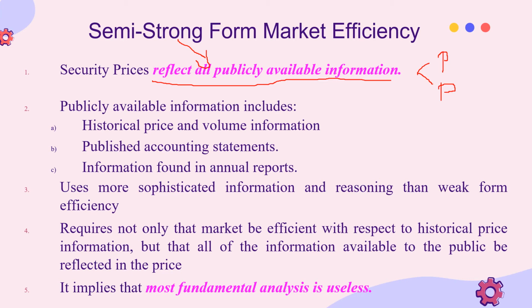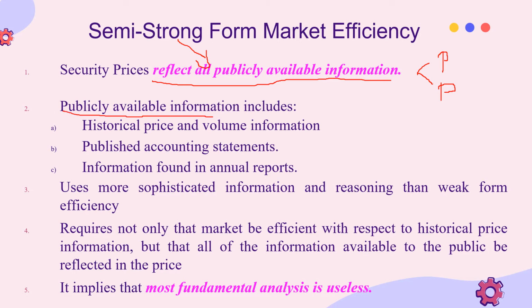As I already explained to you what is the past information yang dalam kita punya weak form market efficiency. So for semi strong form dia additional, tambah lagi satu, which is public available information.